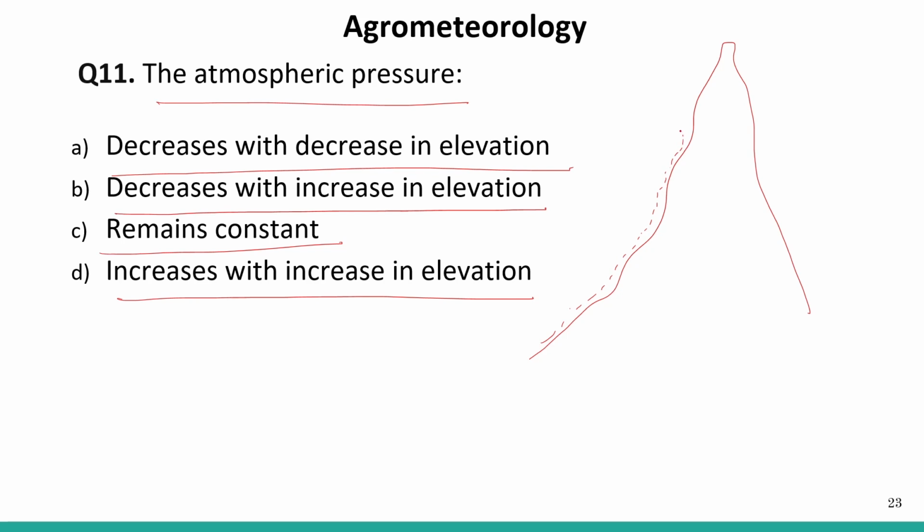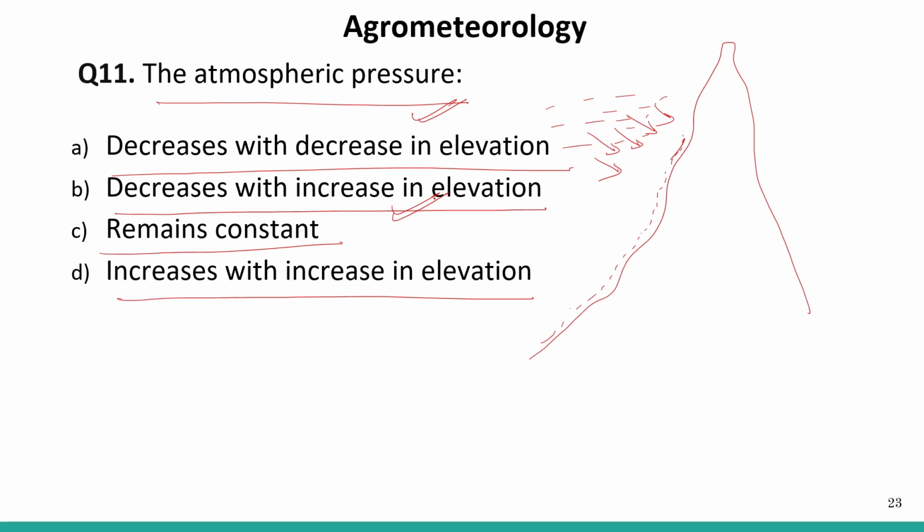Now at the higher mountain, the air is less. The air becomes less, so it exerts less pressure on our body, right? So the atmospheric pressure decreases with the increase in elevation.